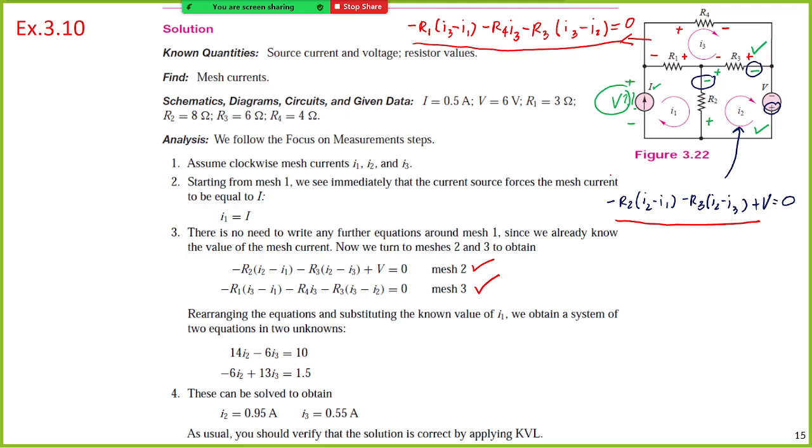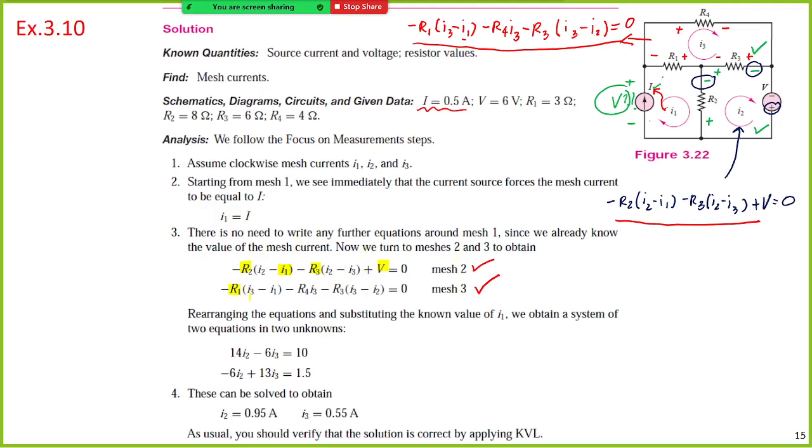We know I1 because I1 will equal I, right? Here, this is I1 and this is I, and I is 0.5 mA. We just substitute I1, so we know the variables R2, I1, R3, V, and we don't know I2 and I3.